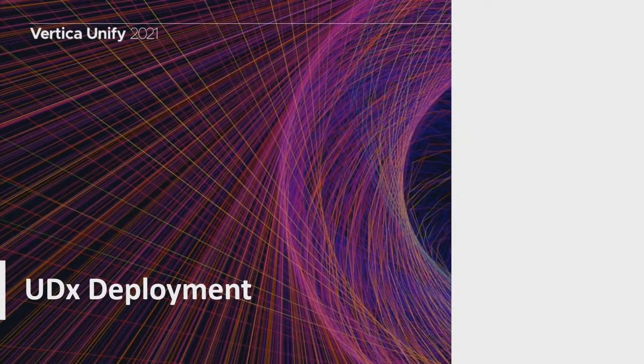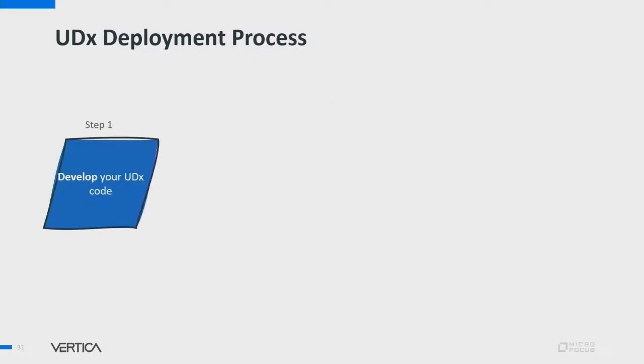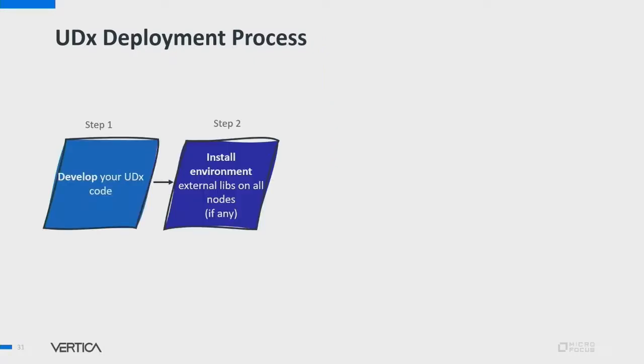So let's now look at UDX deployment. The UDX deployment process basically consists of four main steps. You have to develop your UDX, then you have to install external libraries on all, this is the keyword, on all nodes, because if, for example, your UDX in Java uses external jars, you have to install that manually.